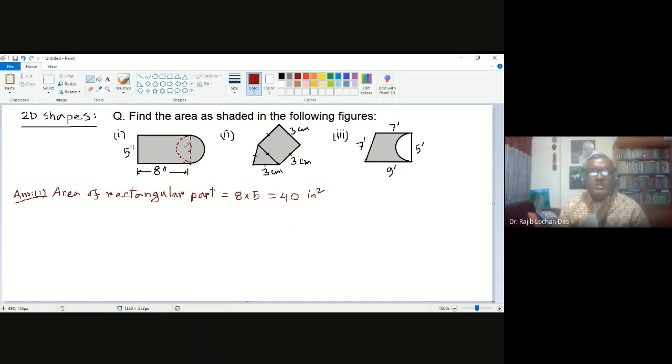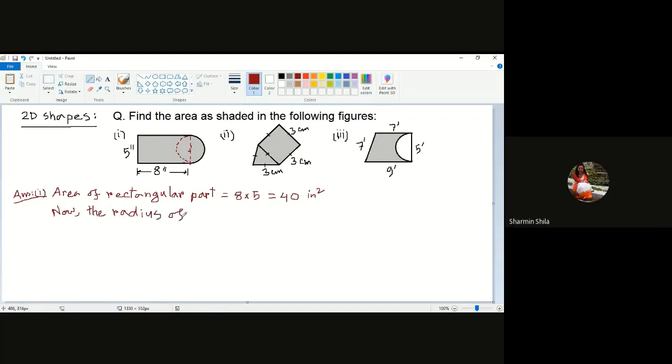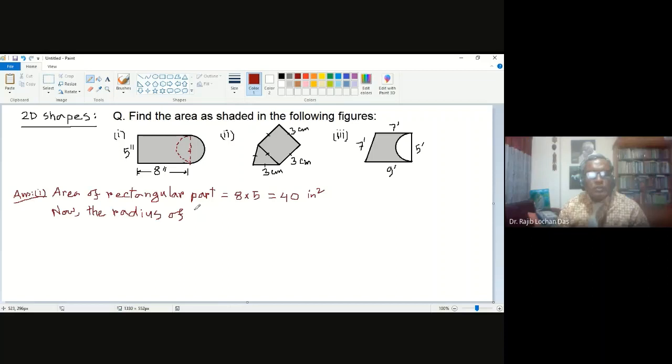And what is the radius here? Who can say what is the radius of this circle? 2.5. Yes, 2.5. So how can you find 2.5?